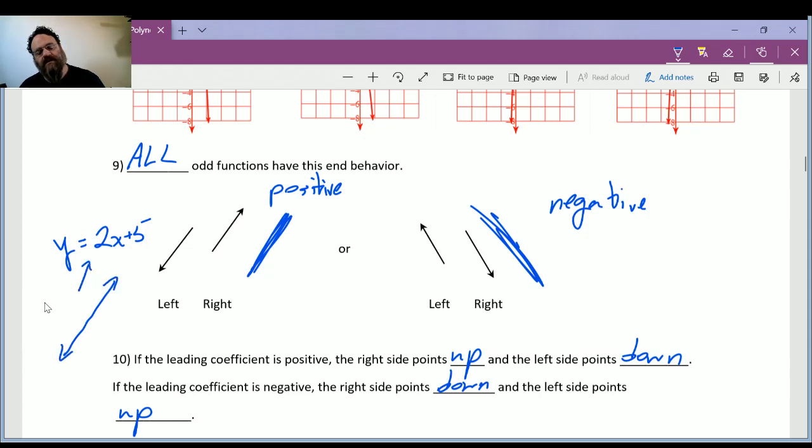All of the odd functions that have a positive leading coefficient would be similar to a positively sloped line. Similarly, y equals negative 2x plus 5 is a negative slope.